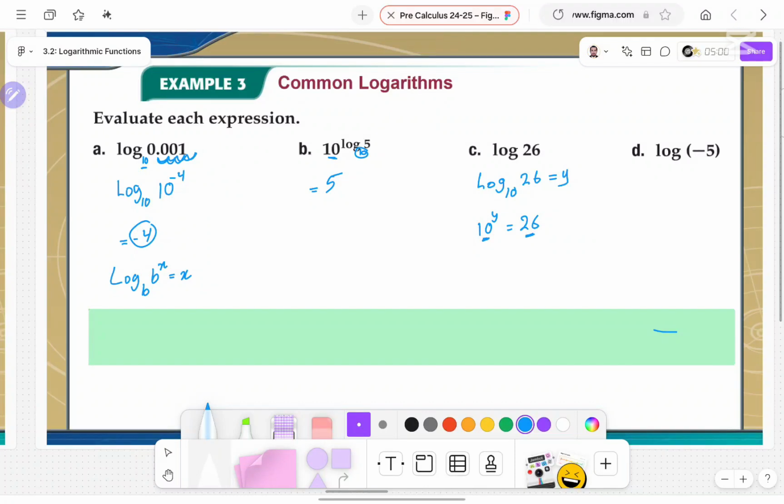How can I do that? You can't do this except by using the calculator. So you can use the calculator to solve this equation. So 10 to the power of y equals 10 to the power of 1.42, so y is equal to 1.42. Okay, just an approximation. So let's make it approximate.